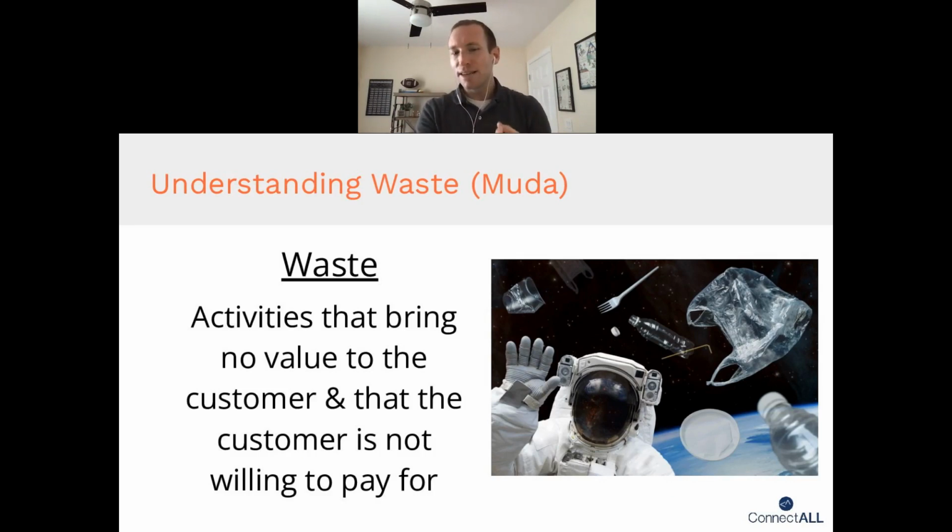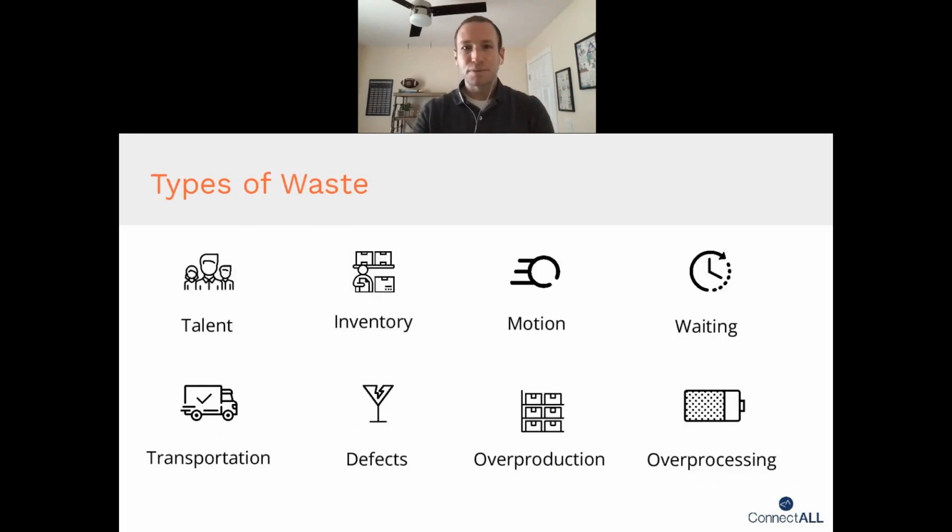And a big part of that is understanding waste and what role that plays in your software delivery value stream. Now, waste is an activity that brings no value to the customer and that they're not willing to pay for. So ultimately, it's simply a waste of time, a waste of resources, and a waste of effort. And there's multiple types of waste.